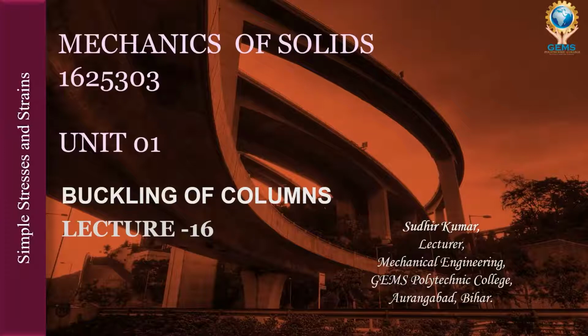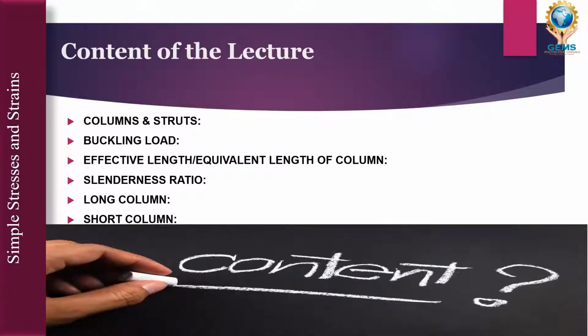So let's see what content we have to cover throughout our lecture. Today's content is columns and struts, buckling load, effective length or equivalent length of column, slenderness ratio, long column, short column.